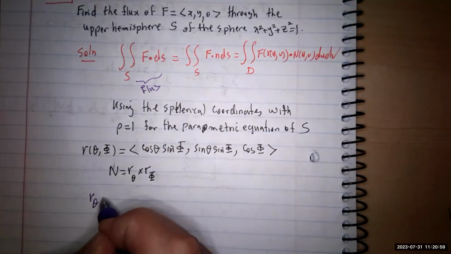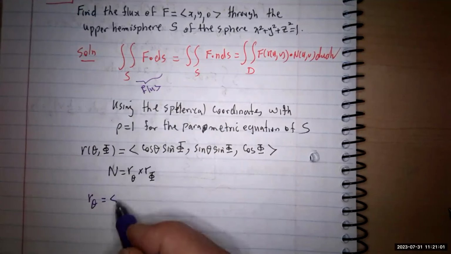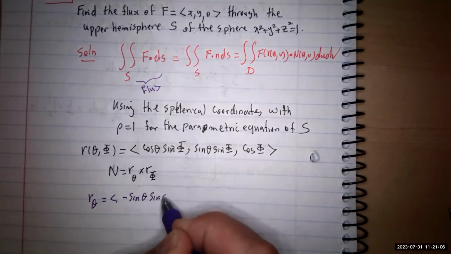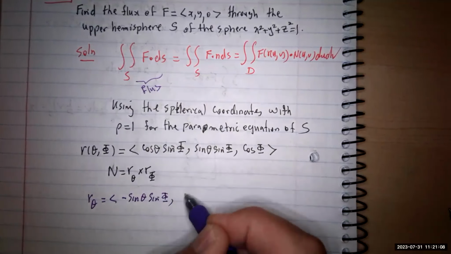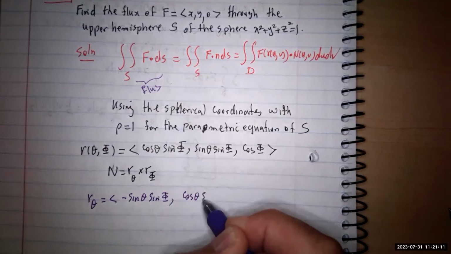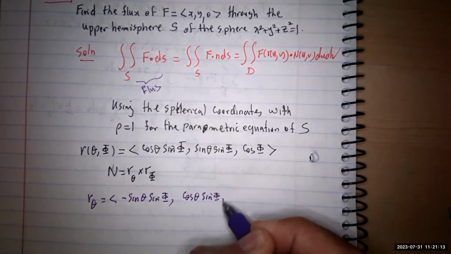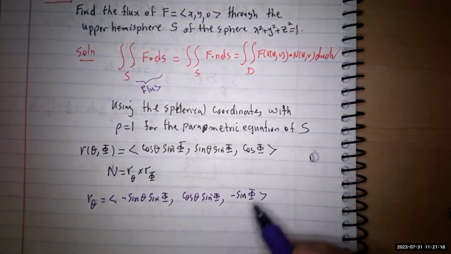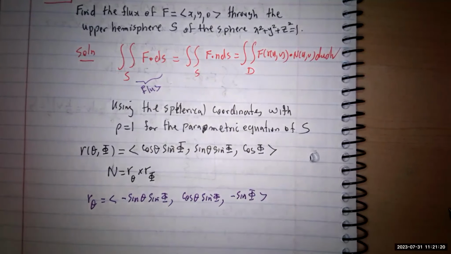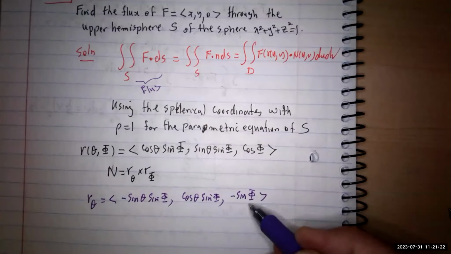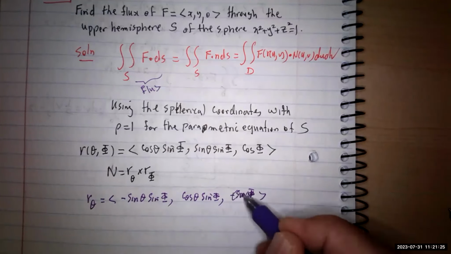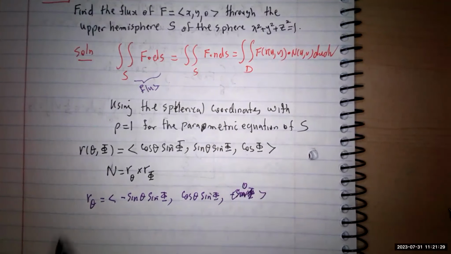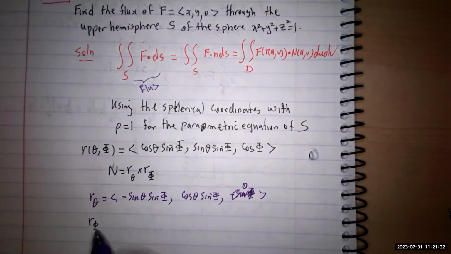So r theta is the derivative with respect to theta. That gives negative sine of theta sine of phi, then cosine of theta sine of phi, and the z component is 0. I'm sorry, I missed it, this would be 0. We differentiate with respect to theta. Okay, go ahead and get the derivative with respect to phi.